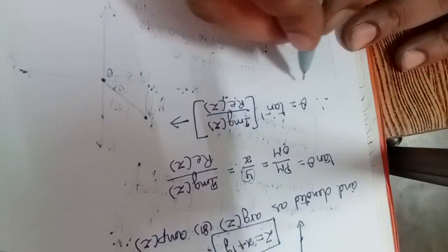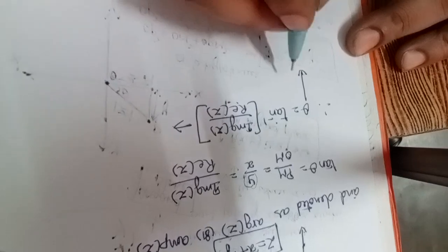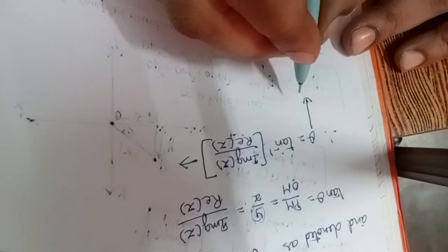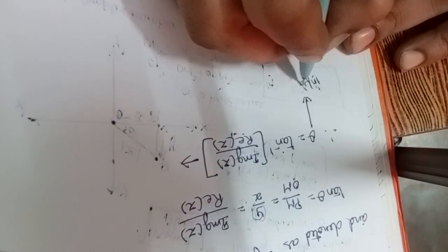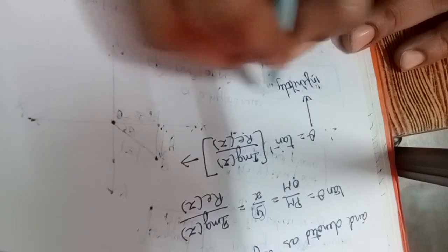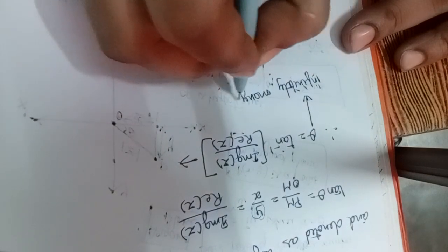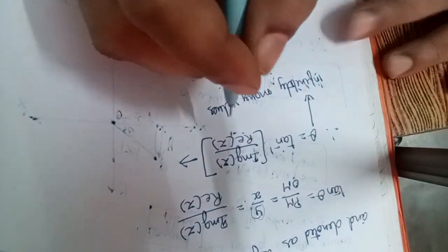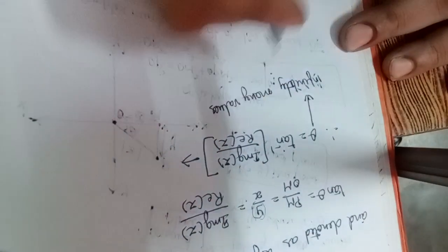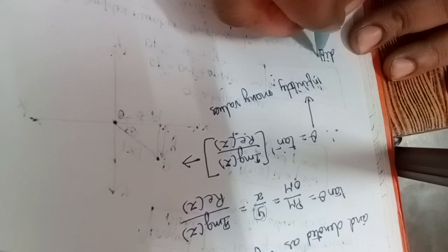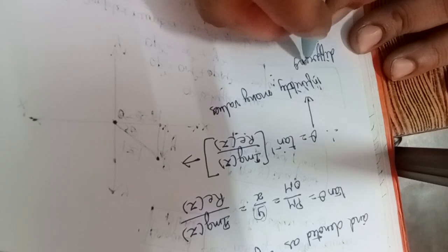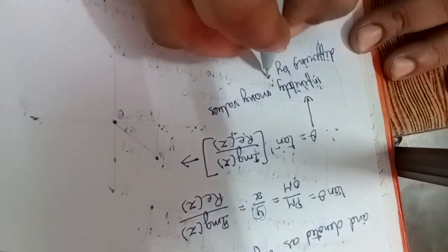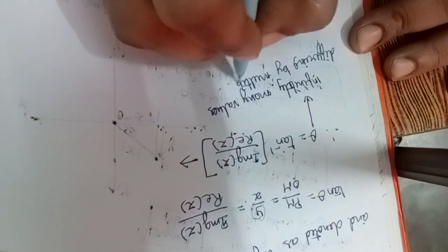Here theta will have infinitely many values, differing by multiples of 2 pi.